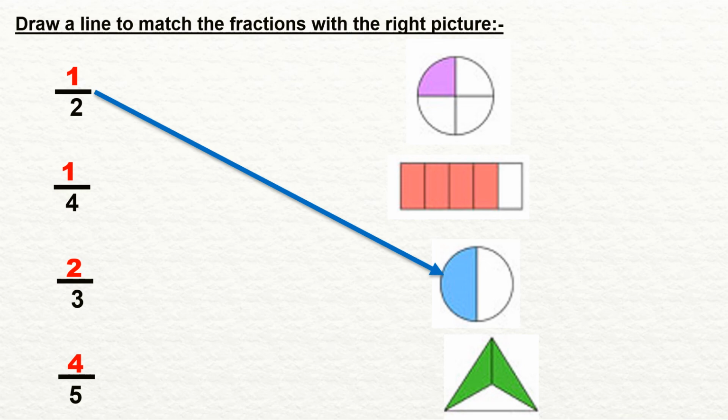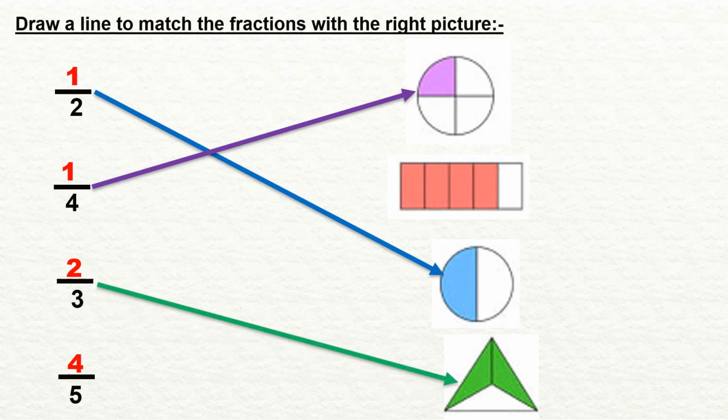So which picture? Very good, this one. Then we have 2 over 3. That means we have 2 colored parts and the total parts are 3. Which picture? Excellent. This picture.